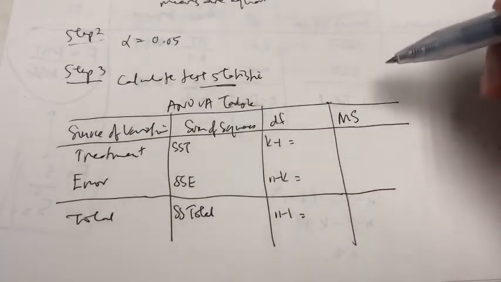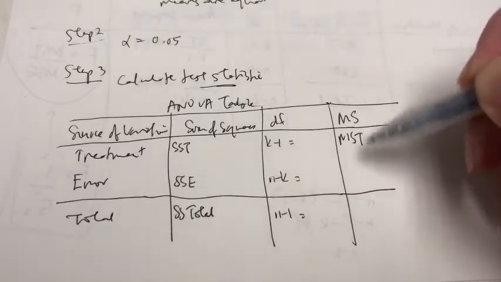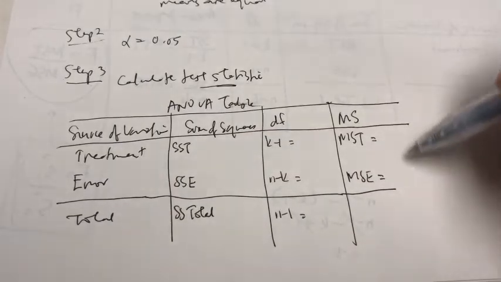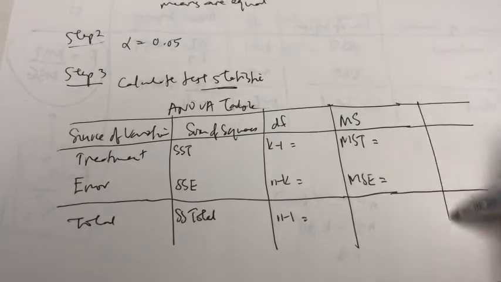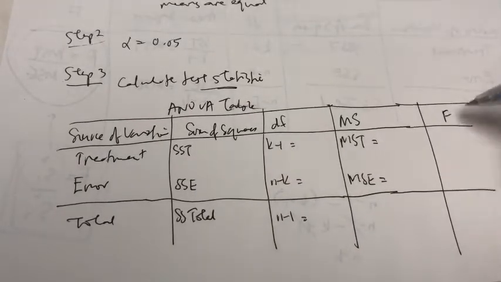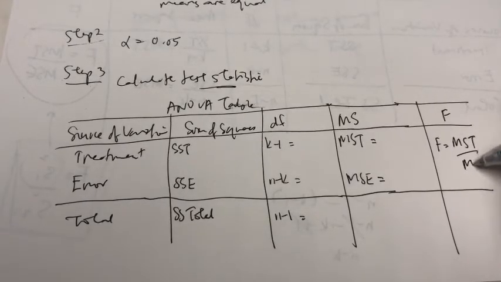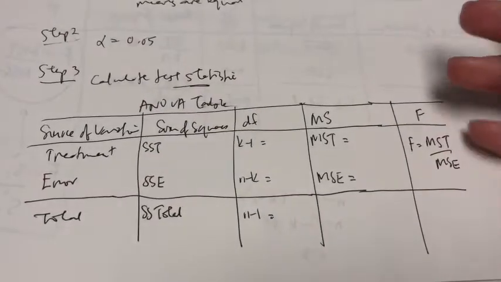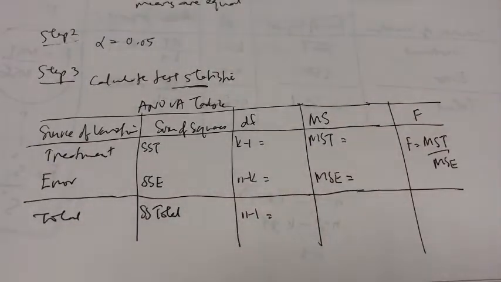The mean square for treatment is MST, and the mean square for the error is MSE. Again, we're going to fill in the figures later. And finally, our F is MST divided by MSE. For now, we can just leave our ANOVA table empty, and I'm going to show you the steps to calculate each and every one of these items.